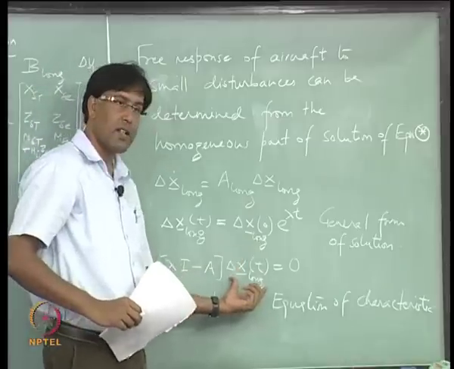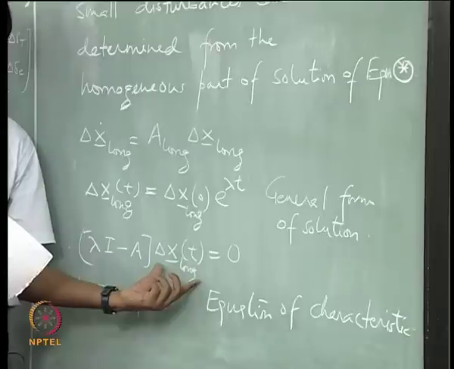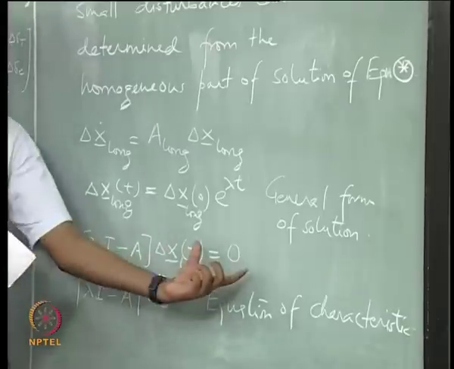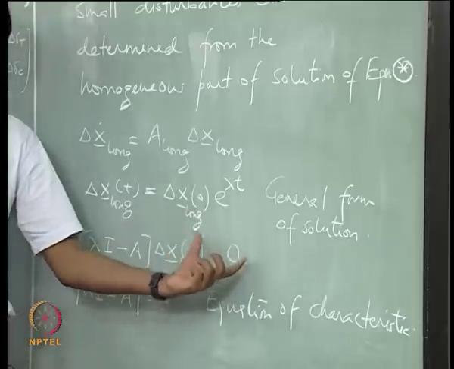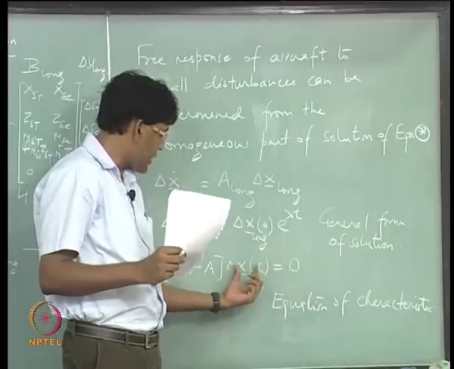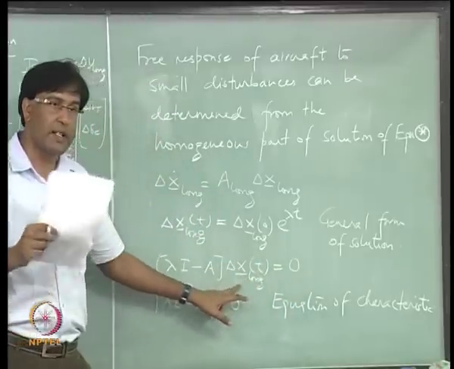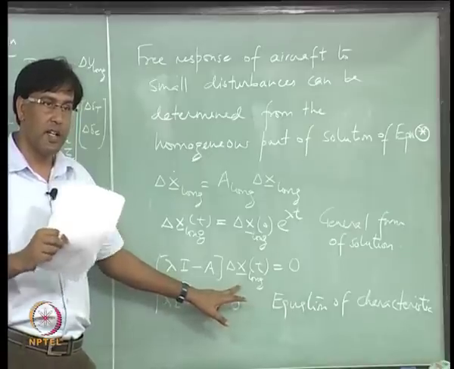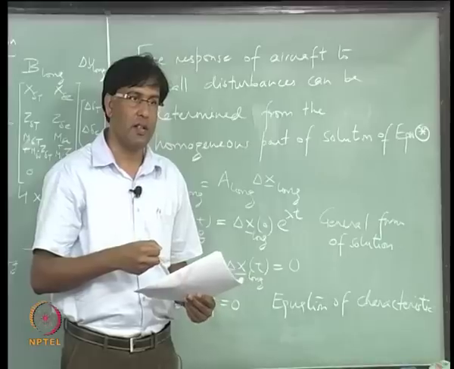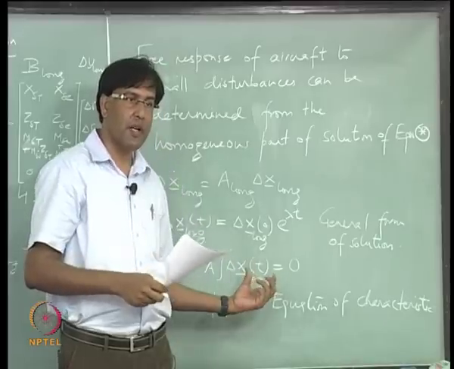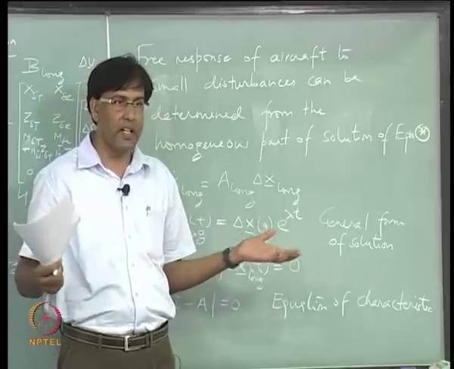If this vector is 0, then this is identically equal to 0, but that is the trivial solution. We are looking at the solution to this equation when the delta x vector is non-zero, right, that is when you are introducing the perturbation, right. If the perturbations are all 0, then I am at the equilibrium flying condition.